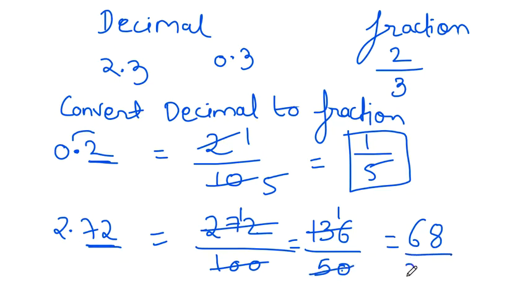Again 2 twos are 4, 1 gets carried over and 2 fives are 10. 5 doesn't go in the table of 2, so you will take a multiple which is less than 5. So 2 twos are 4, 1 gets carried over. 5 minus 4 is 1. And then 2 fives are 10. Now, do 68 and 25 go in any common table? No. So this is the final answer.